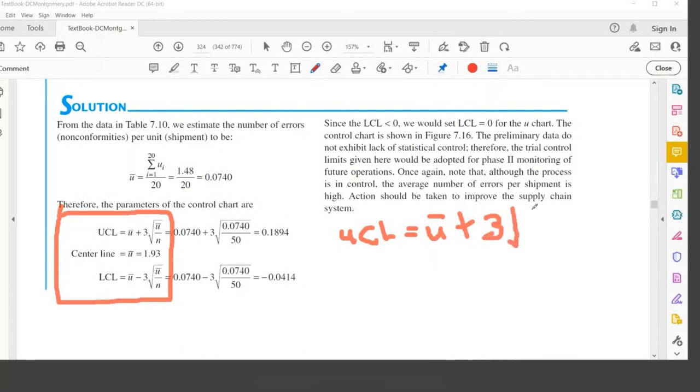The sigma here is given by U bar divided by N. For the lower control limit, just change the symbol plus to negative. The rest are the same.